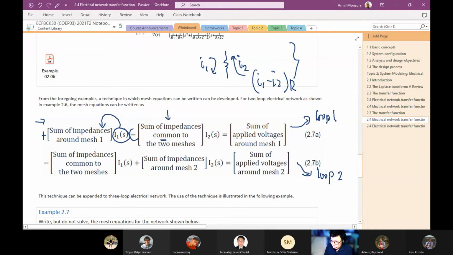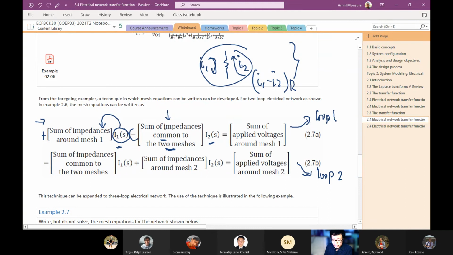And what is this? What is this impedances? These impedances are common to the two meshes. Ibig sabihin, these are impedances that is passed by, ang pangit ng term ko, yung dadaanan nung I1 at saka ng I2. Yung katulad nga ng situation na to. Pag dinaanan ni I1 tsaka ni I2 parehas yung impedance na yon, then we consider that impedance to be common to both I1 and I2.